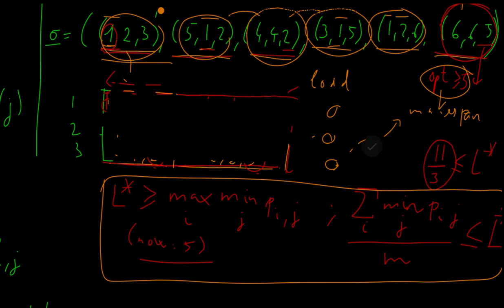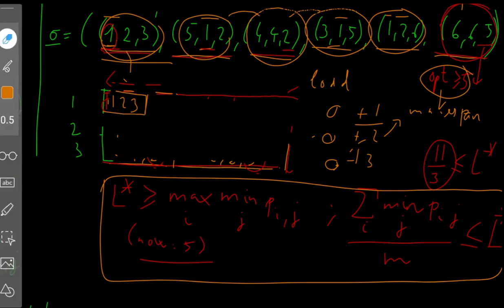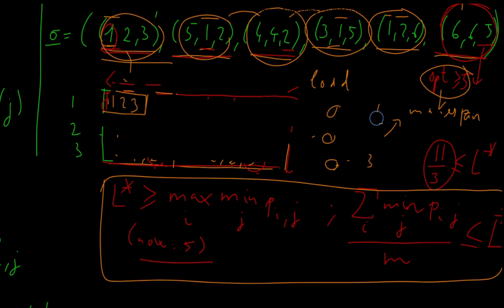Now to schedule the first job 1, 2, 3, I just have to compute 0 plus 1, 0 plus 2, and 0 plus 3 and choose the minimum, which is of course 0 plus 1. So the job 1, 2, 3 will be scheduled here according to the list algorithm as well. At this point I have a load of 1 on the first machine.